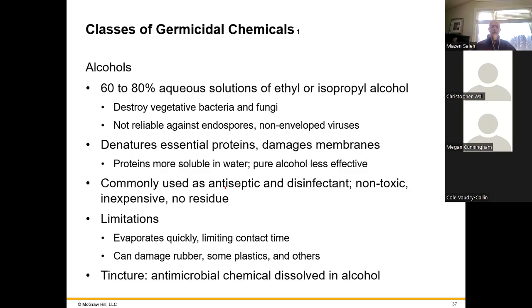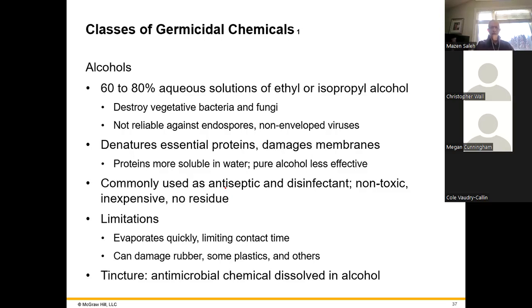Of course, a good number of germicides that are used, including hand rubs, contain alcohol. The preference is typically isopropyl alcohol, seconded by ethyl alcohol. And it's used at a concentration between 60 and 80%. Most often, what we use in the lab is, in fact, a 70% concentration.